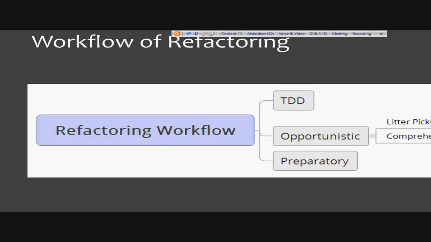Another one, which is what we do most of the time in maintaining systems, is comprehension refactoring. Say a defect is presented in some code, and somebody asks you to fix that defect.